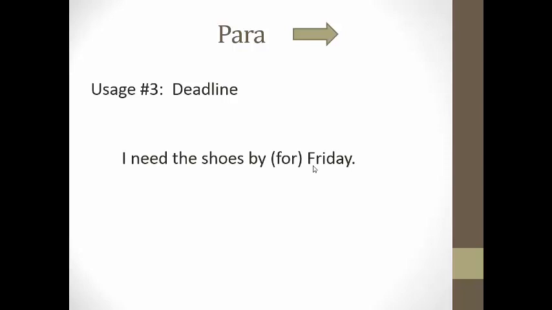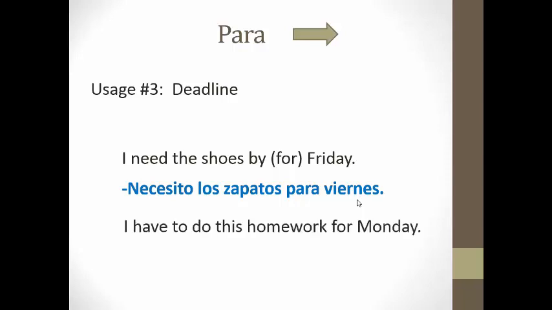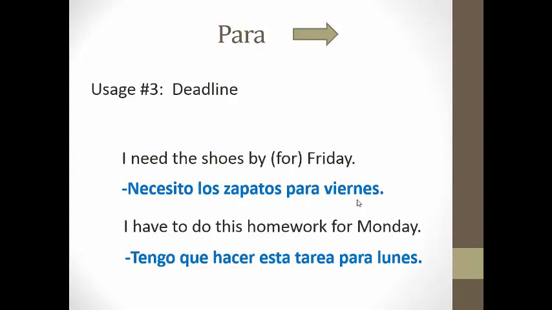Number 1, I need the shoes by Friday or for Friday. To say that, necesito los zapatos para viernes. Notice I did not capitalize viernes. You do not capitalize days of the week in Spanish. Another example sentence, I have to do this homework for Monday. Tengo que hacer esta tarea para lunes.